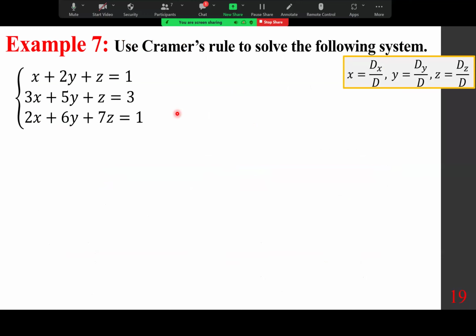We want to use Cramer's rule to solve this system of equations. So the very first thing is to write the D. The D is the determinant of the coefficient matrix. 1, 3, 2, 2, 5, 6, 1, 1, 7.